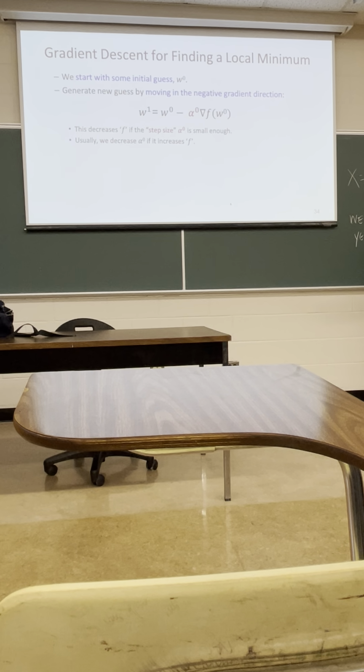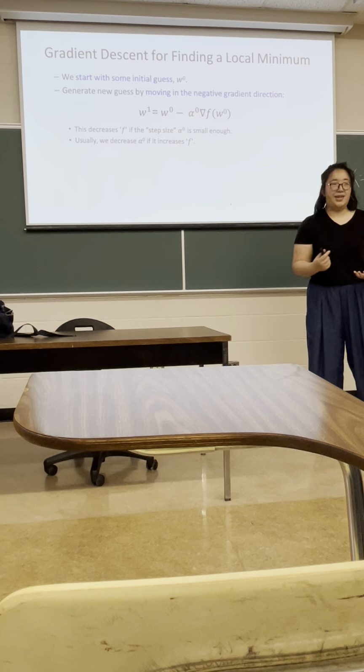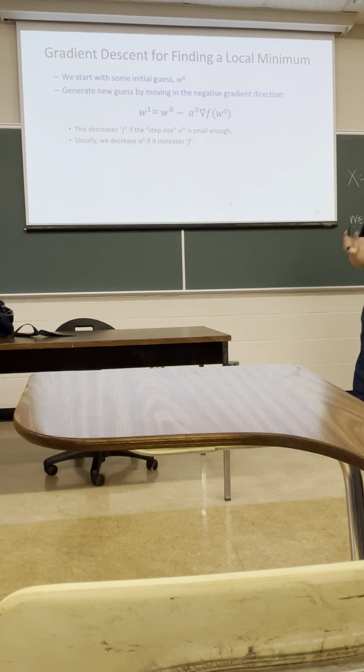When you are far away from the optimum, you take a large step to save computation. But when you are getting closer to the optimum, you take a smaller step. You want high precision, so that you are as close to the optimizer as possible.